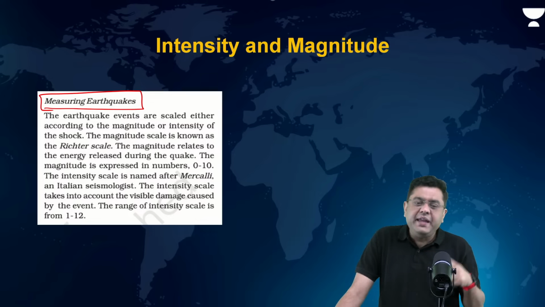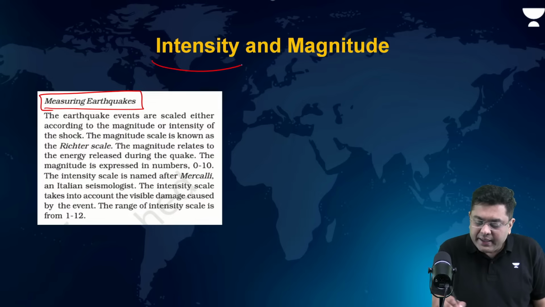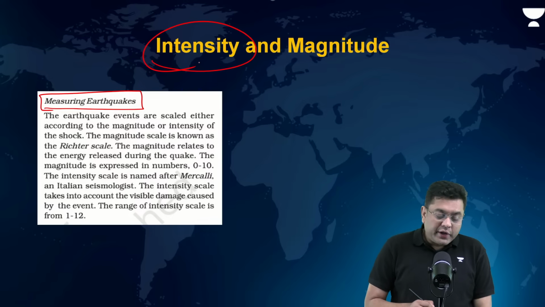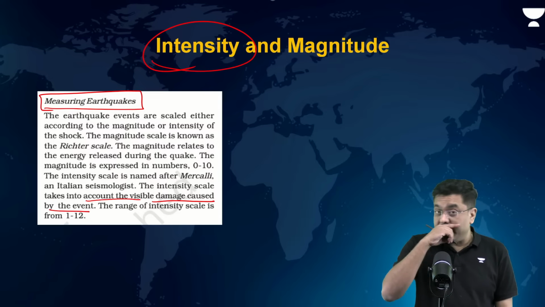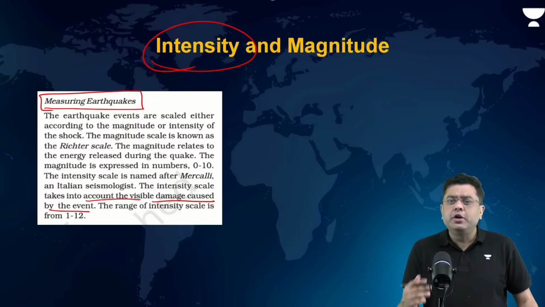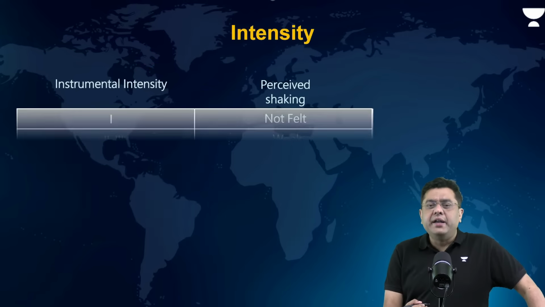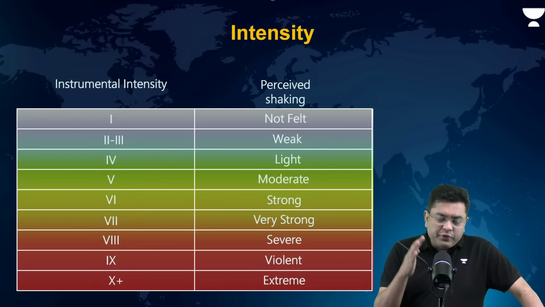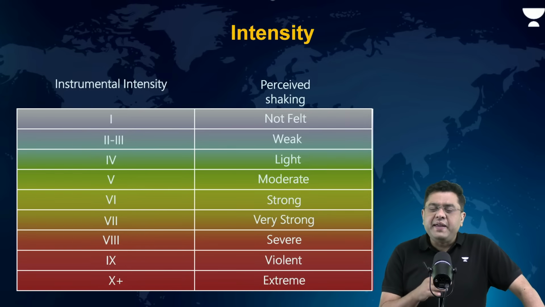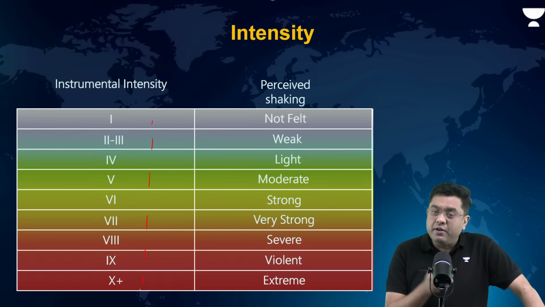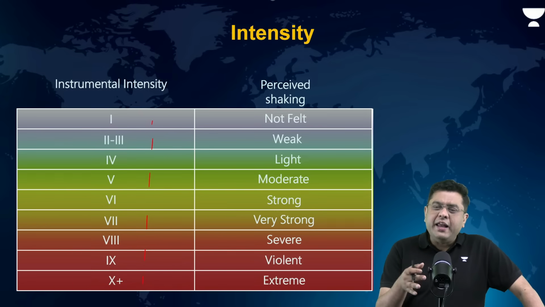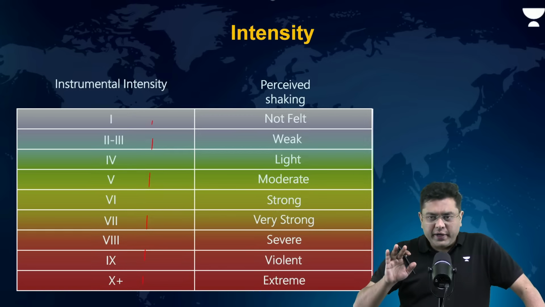That is something known as intensity. What is the intensity of an earthquake? Intensity takes into account the visible damage caused by the earthquake event. It is measured by what is known as the Mercalli scale. It goes up to an intensity of 12, where 12 means everything has been destroyed.